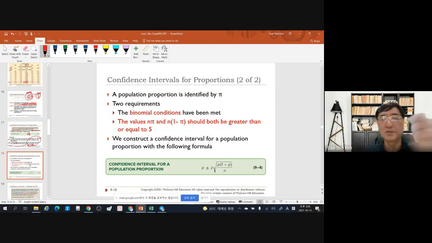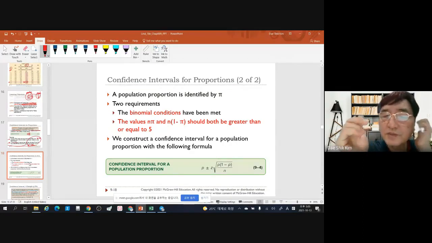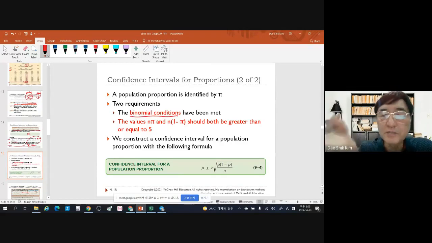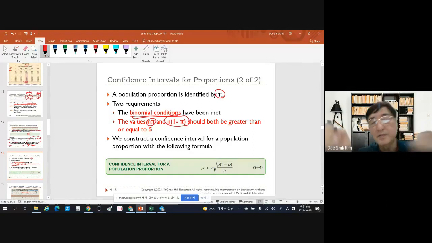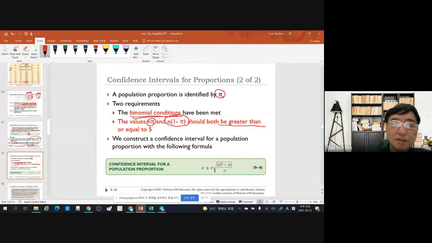Same thing. We will assume a binomial distribution for each individual person. The conditions are that n times pi and n times (1 minus pi) should be greater than or equal to 5.